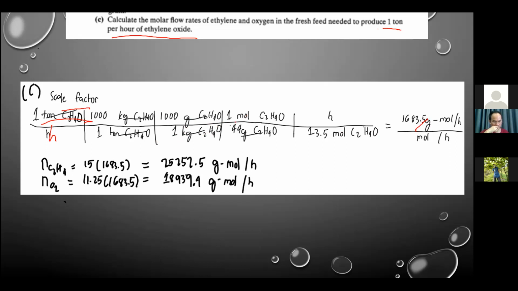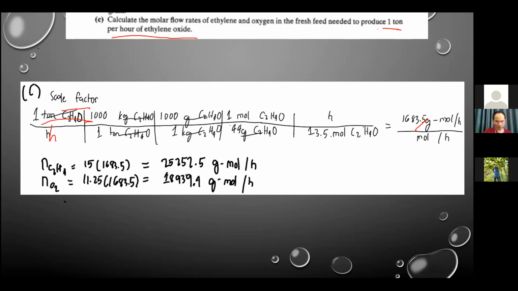The next is we should know the molecular weight of C2H4O. In 1 mole of C2H4O, the molecular weight is 44 grams.